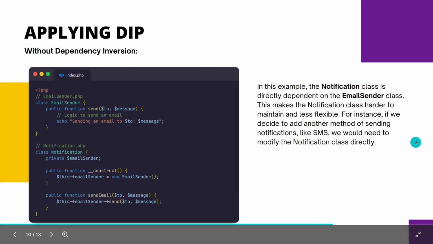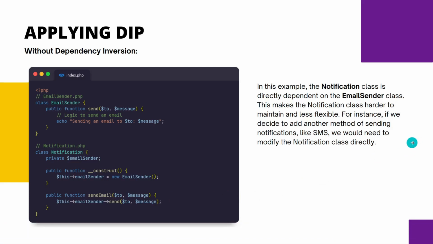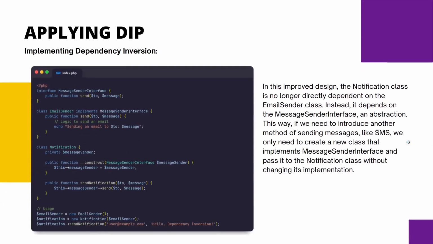So let's see the right way, using dependency inversion. Now we have the code refactored, and in this improved design, the notification class is no longer directly dependent on the email sender class.